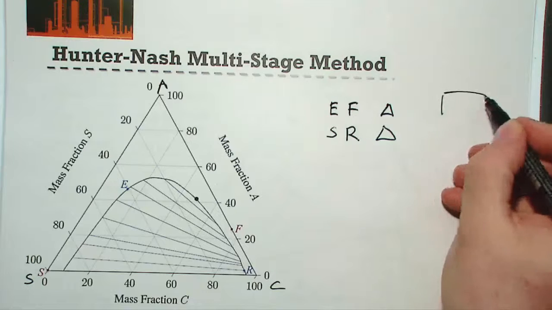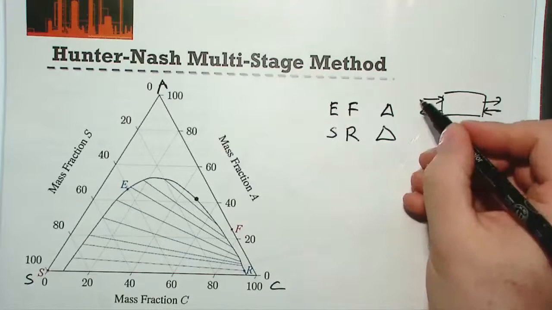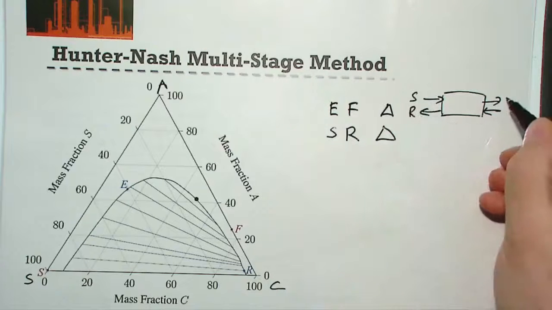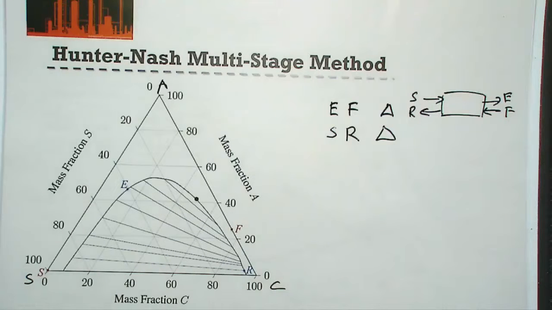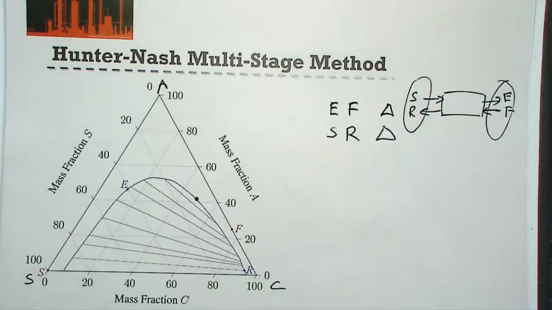Okay? So, to remind you, we've got our solvent, raffinate, our extract, and our feed. So that's our operating pairs. Because we know all these points, what we can do is simply draw straight lines between the points that we know, and where those lines cross, we get our operating point.